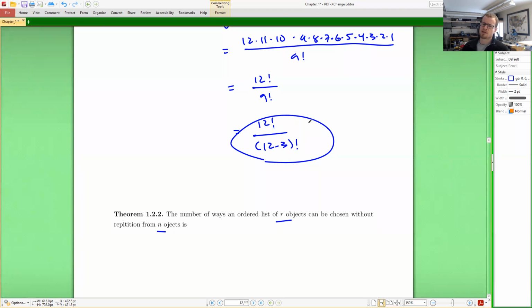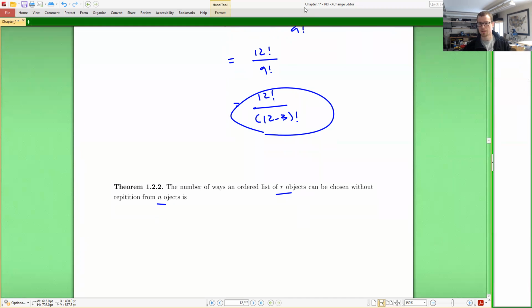The number of ways we can list R objects from N distinct objects. Well, N minus 3, but in general R. We have N objects, and we're going to permute R of them, so N factorial over N minus R factorial.